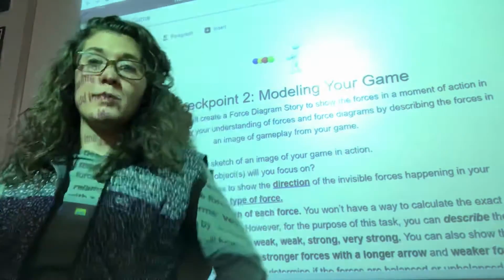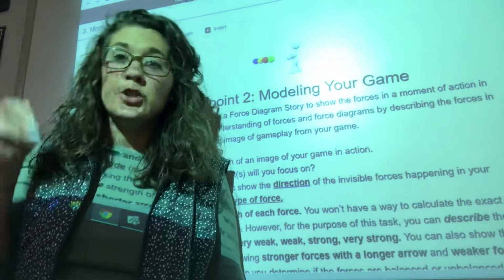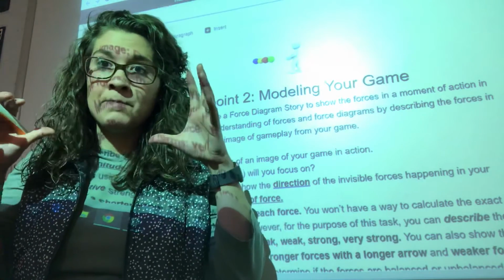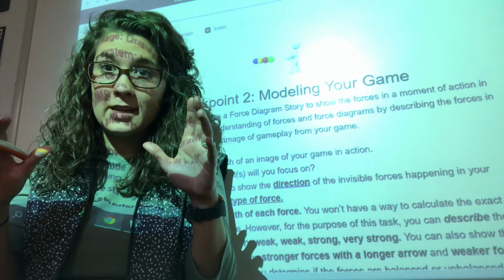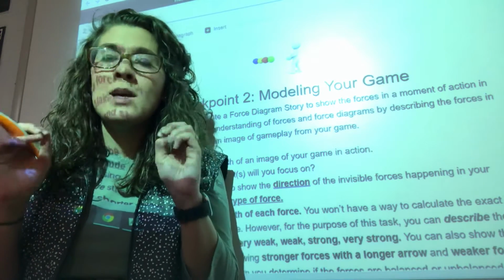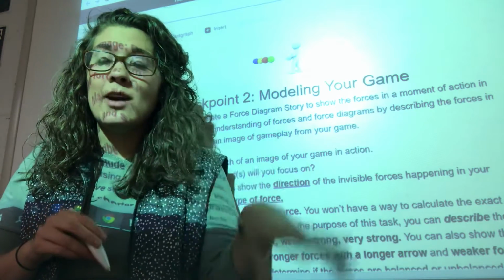Mr. McNabb has papers for you. They may even be on your desk. You're going to draw an image of your game. Please remember, I don't want it to be complicated. I want it to be simple enough that I can tell what is going on.